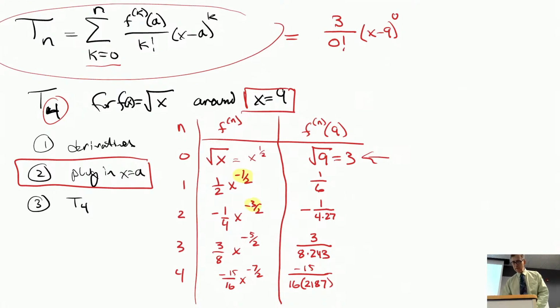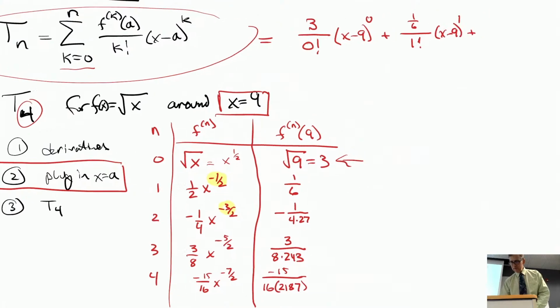Now we're going to keep going until we get to 4. The first term, that's going to be 1/6 over 1 factorial times x minus 9 to the first. Then the second term, 1/4 times 27, which is 108, all over 2 factorial times x minus 9 squared.